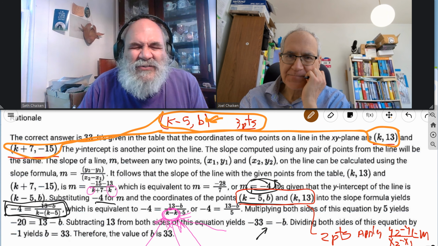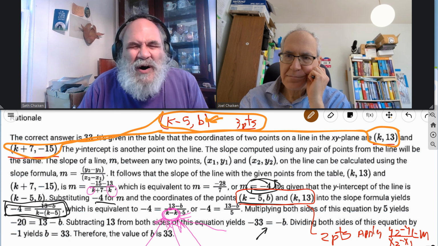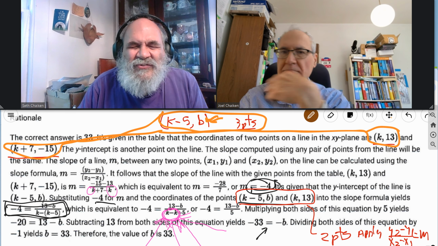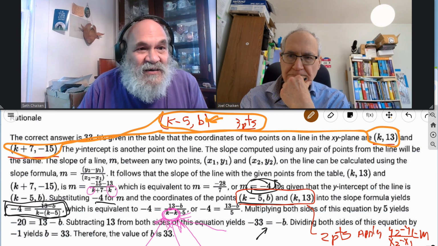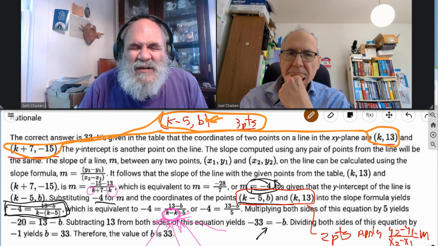All of the x coordinates of the 2 points are a number plus k. Right. So by interpolating, what this data tells you is that if you increase the x coordinate from k to k plus 7, then you decrease the y value by a certain amount.